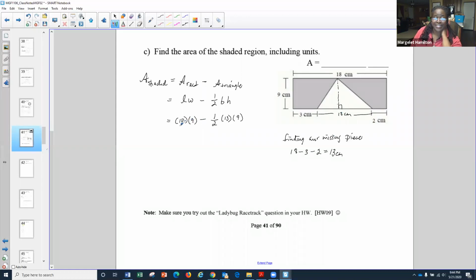All right. Now we have to do our math. So we can find out what's going on. So 18 times 9 gave us 162. Did the calculations. Minus, and then we have 1/2 times 13 times 9. Now remember, these are all over 1. So multiply these together and then divide by your 2, and that's going to give you a decimal number, and that's going to be 58.5.